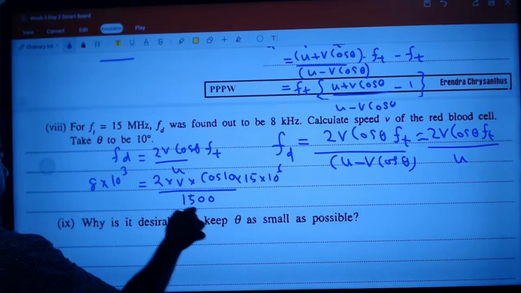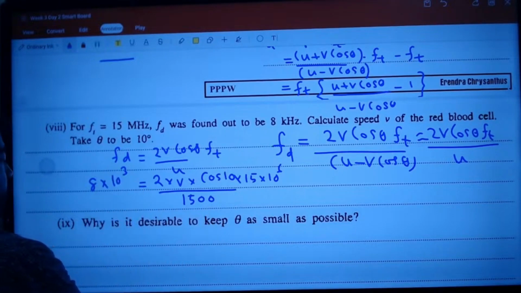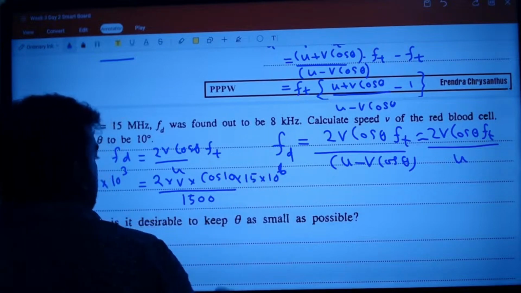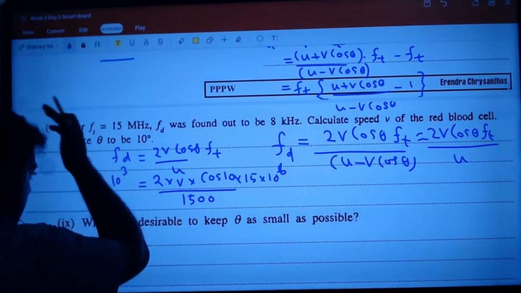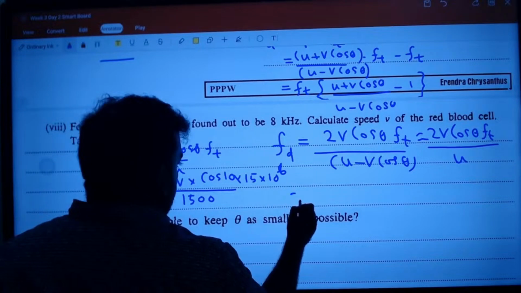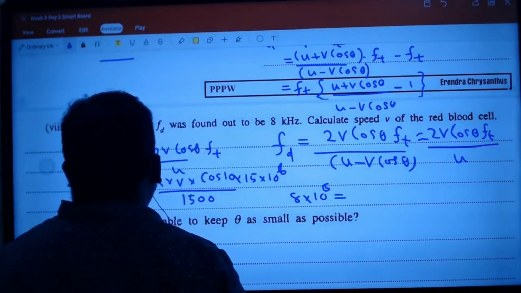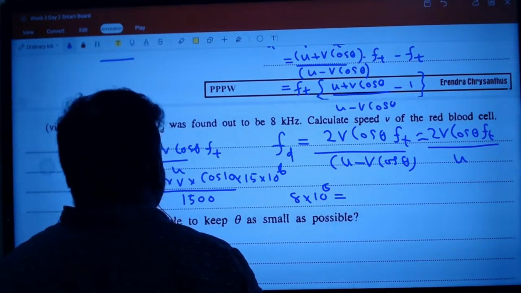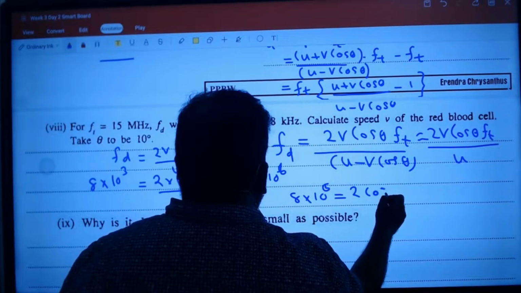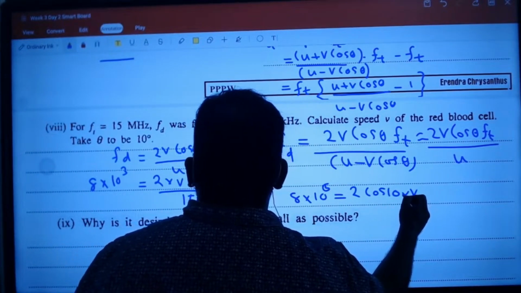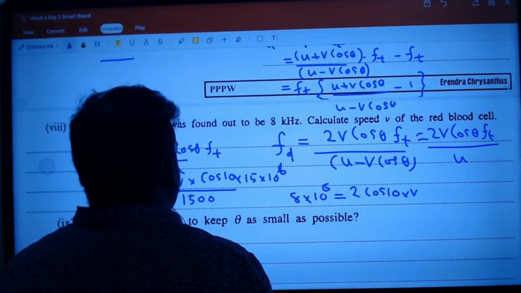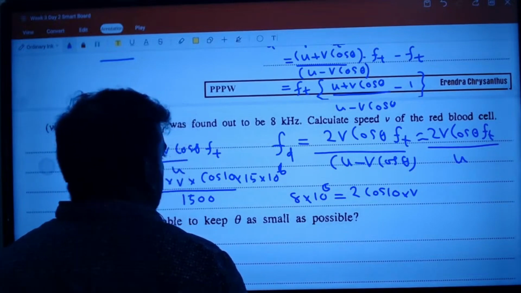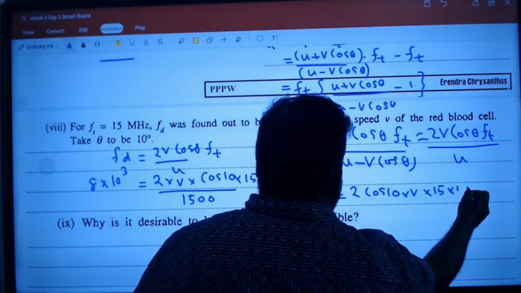8 kilohertz is 8 times 10 to the power 3, 15 megahertz is 15 times 10 to the power 6.